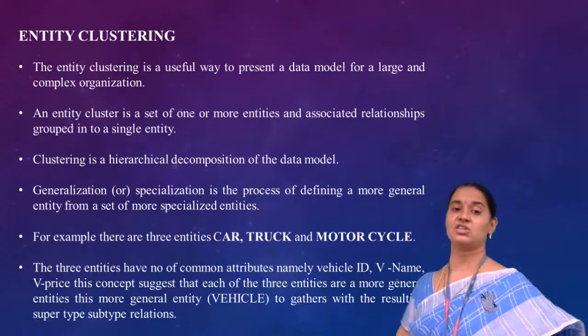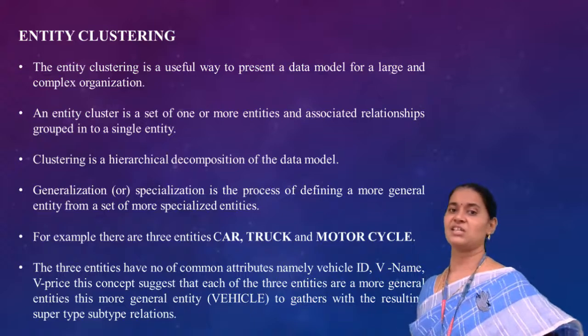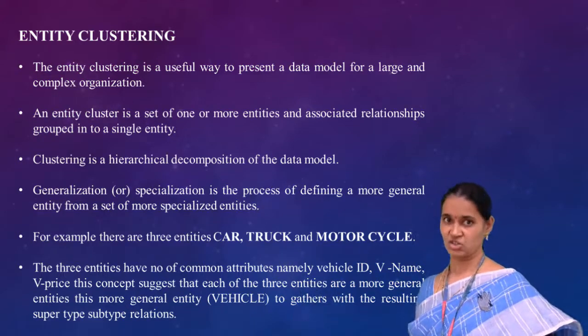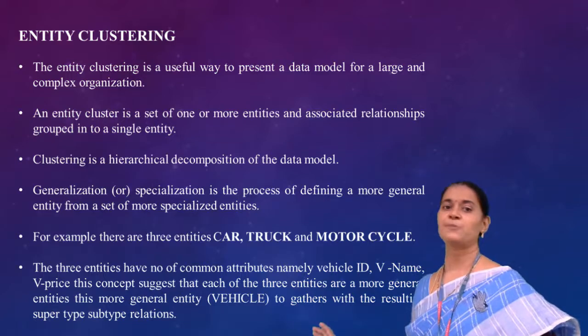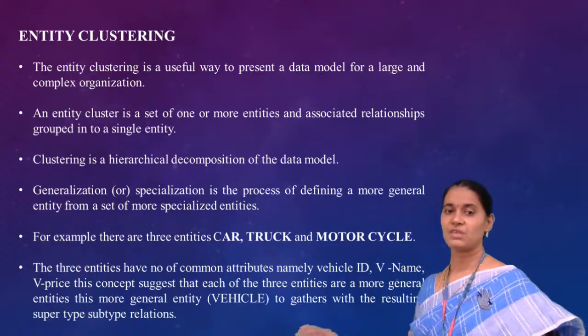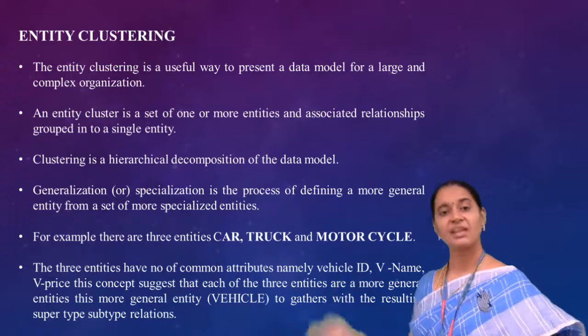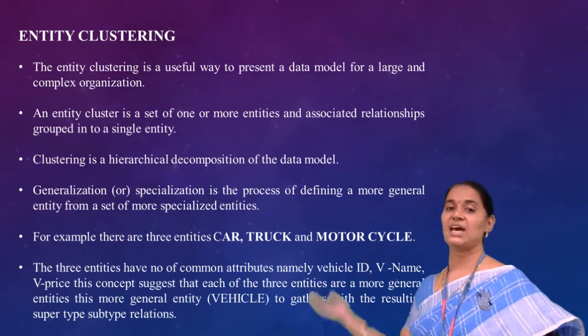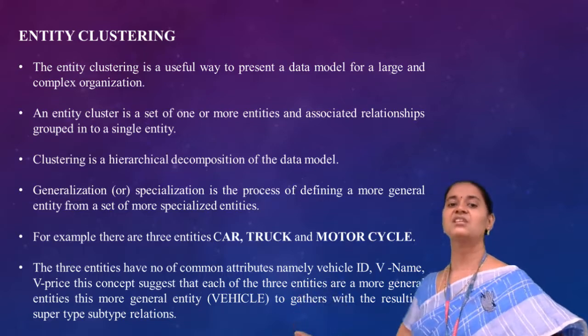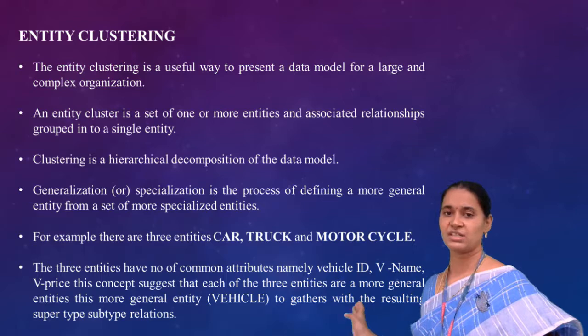In entity clustering, generalization or specialization is a process of defining the entity cluster. Generalization and specialization is a process of defining one or more entities from a set of specialized entities. For this again I am going to consider the example of specialization and generalization, in which I have considered three entities: car, truck and motorcycle.